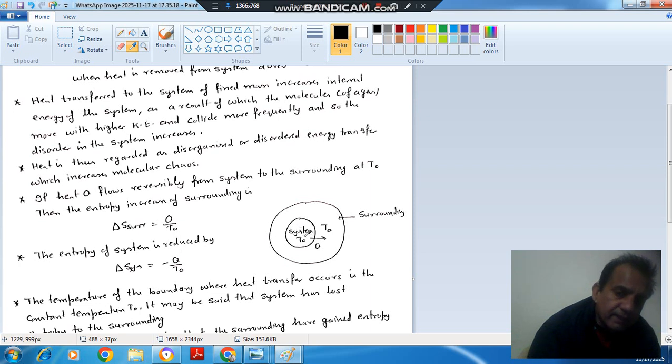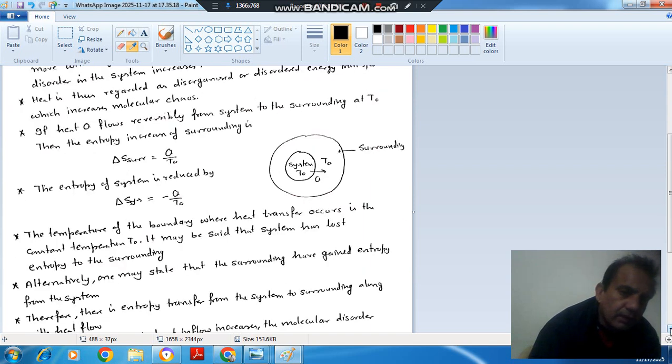We can say that entropy has been transferred from the system to the surrounding. The system has lost entropy and the surrounding has gained entropy, and this is occurring with this heat flow. Even in a reversible process there can be entropy transfer with heat flow. So entropy is being transferred with heat flow.